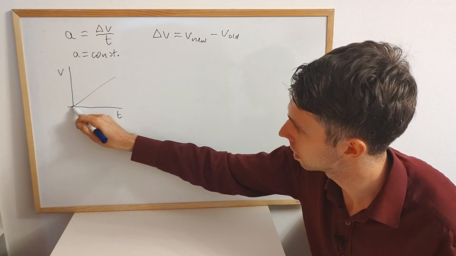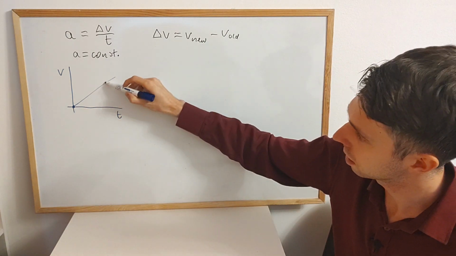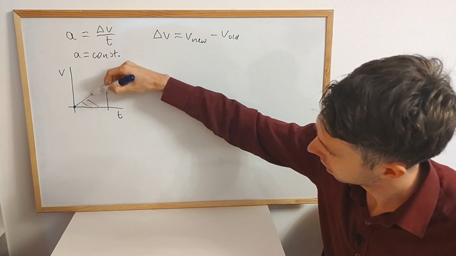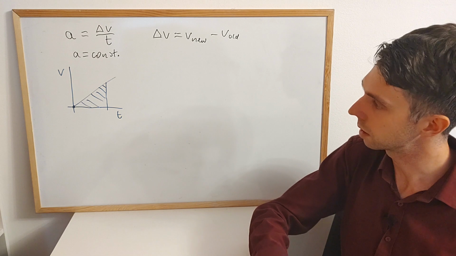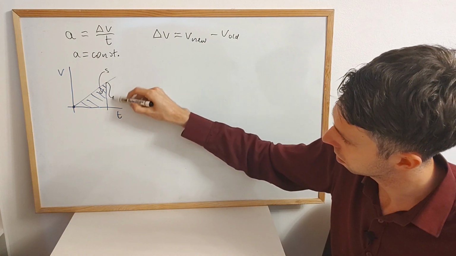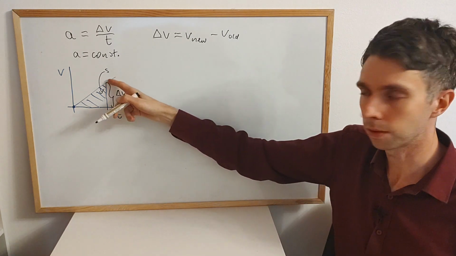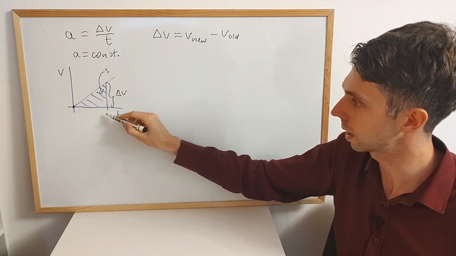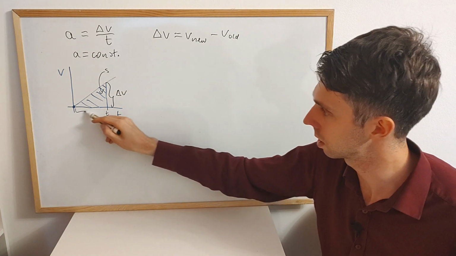If you start from speed 0, the distance is the area of the figure below the plot. So this is distance, so this is change in speed, because it's the final speed or speed at some time t, minus initial speed, which is 0.